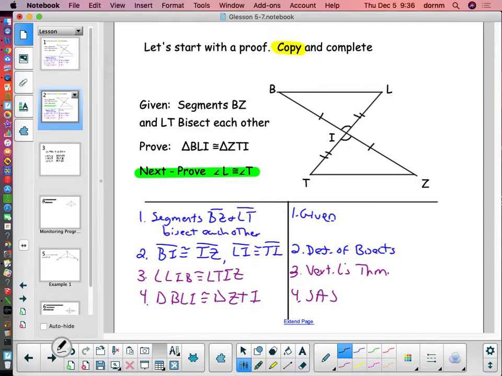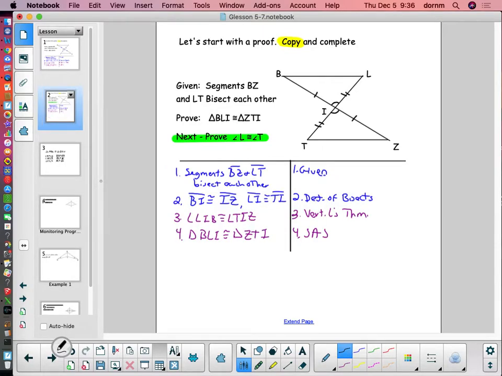I didn't know about angle B and angle Z, or angle T and angle L yet, did I? But now that I have this statement, this guarantee that the triangles are indeed congruent, now I can move beyond. And I can say, oh yeah, because the triangles are congruent, now I know, for example, angle L is congruent to angle T. So this is our new conclusion.